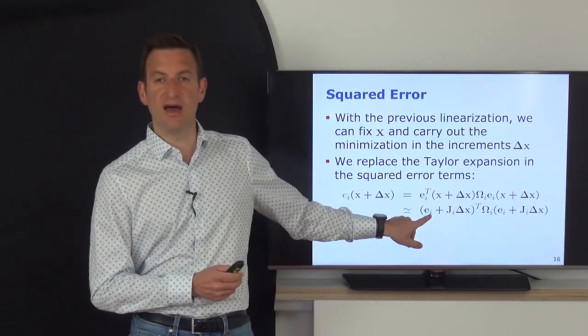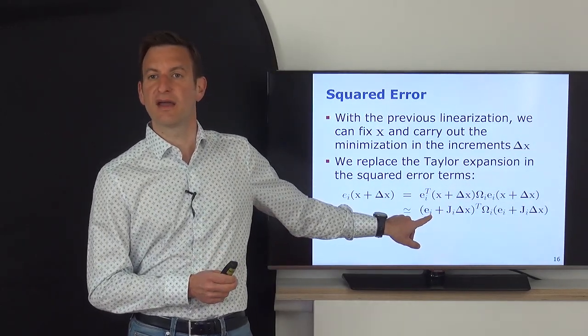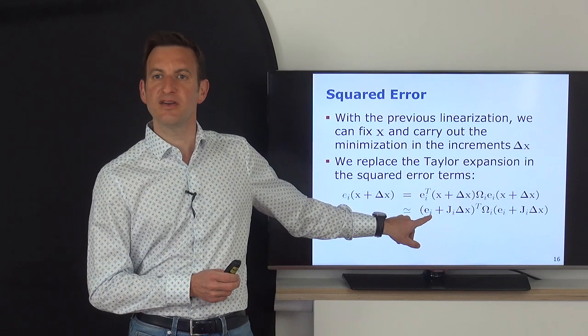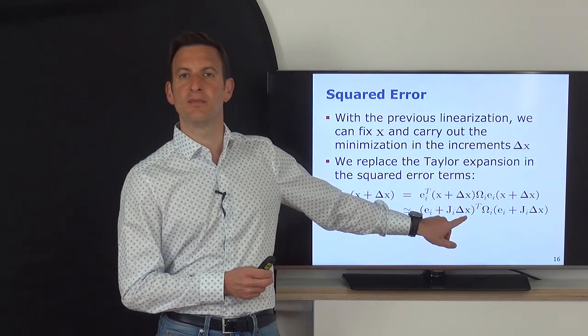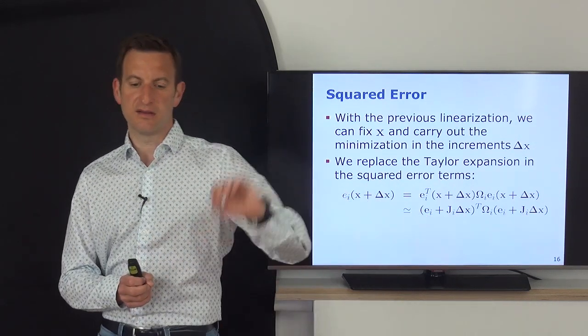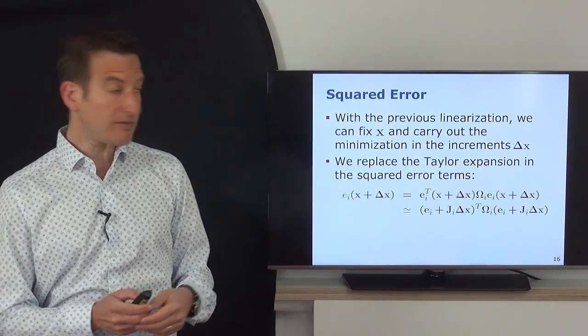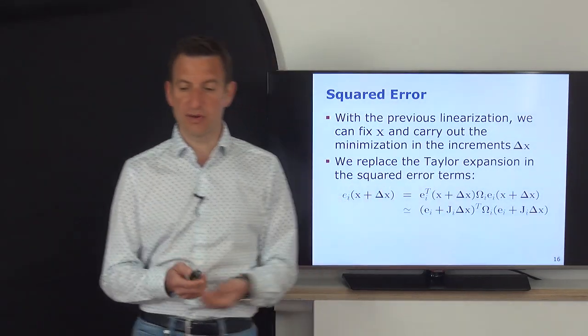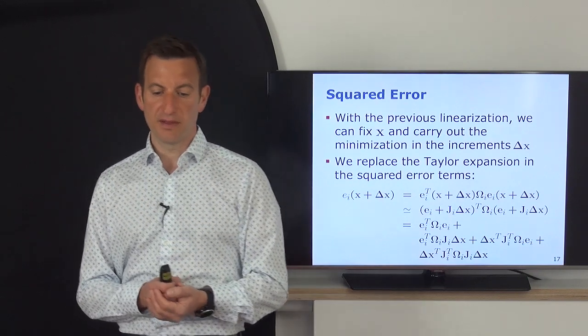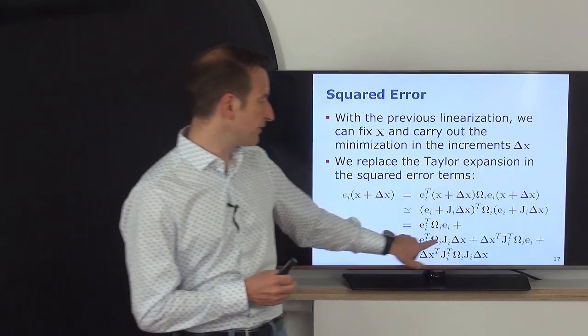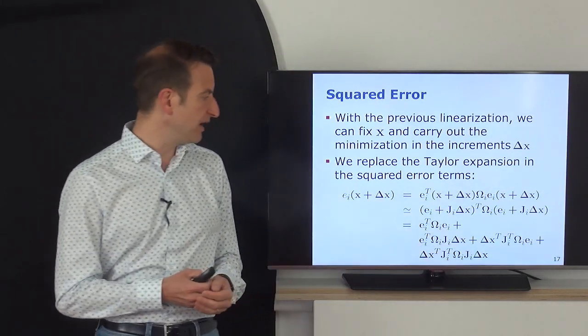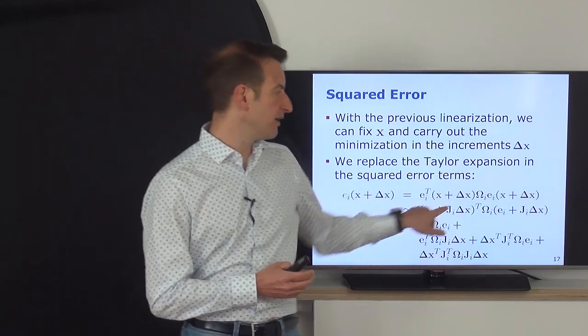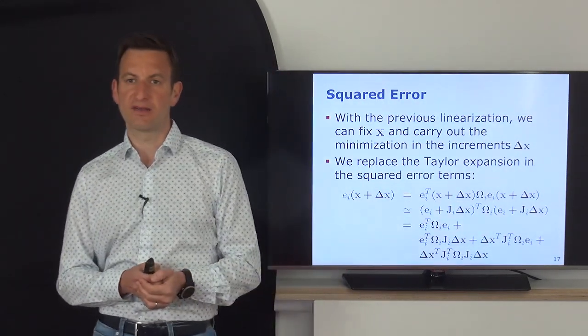So this ei, which was just the error value in my linearization point, and then plus the Jacobian times the deviation in the Jacobian. And then I can just expand this expression over here, and then I will get a number of different terms. This is just obtained by expanding those brackets over here.